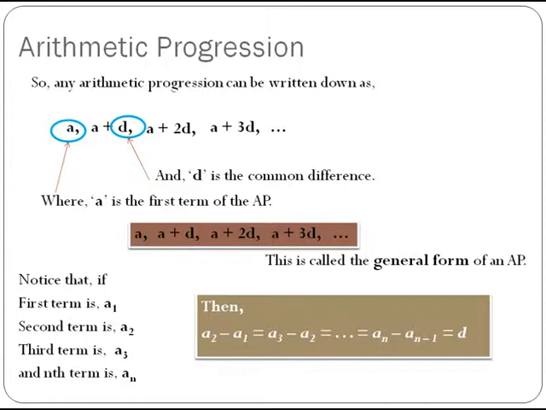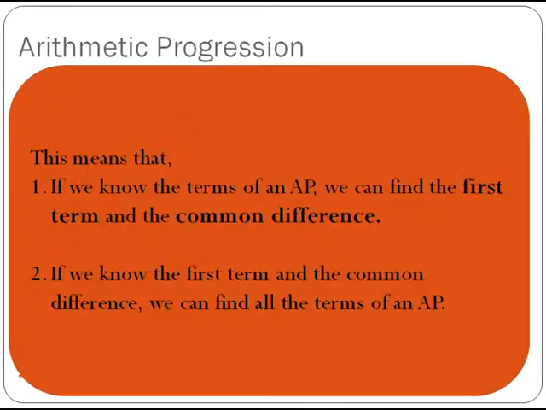That is, the difference of a term and the term preceding it is equal to the common difference d. This means that if we know the terms of an AP, we can find the first term and the common difference. Also, if we know the first term and the common difference, we can find all the terms of an AP.